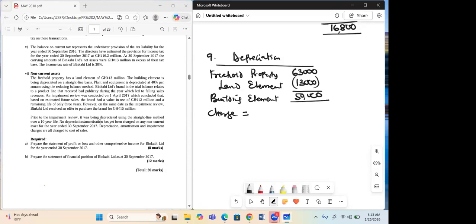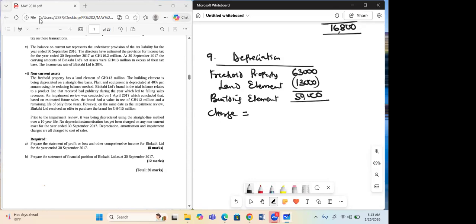An impairment review was conducted on 1st April, which concluded that based on estimated sales, the brand had a value in use of this and a remaining useful life of 3 years. However, on the same date, the brand received an offer to purchase of 15 million. Prior to the impairment review, it was being depreciated using straight line method over 10 years. No depreciation or amortization has been charged on any non-current assets.